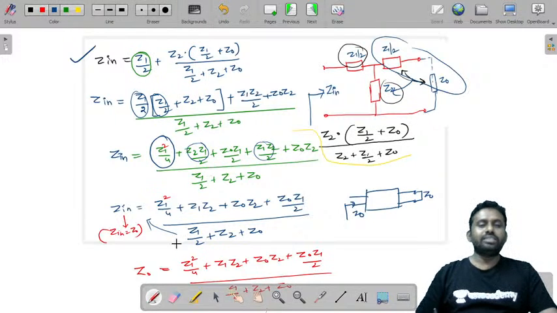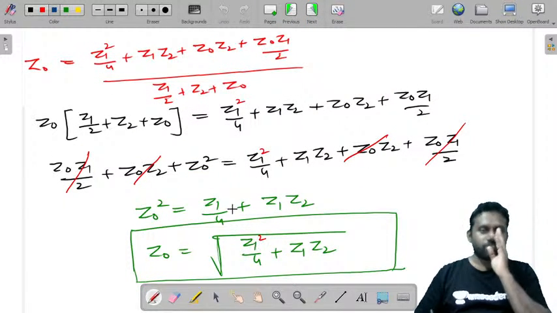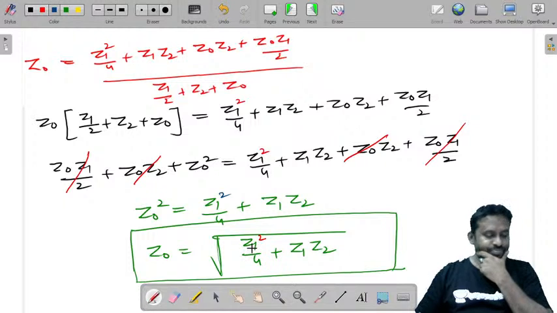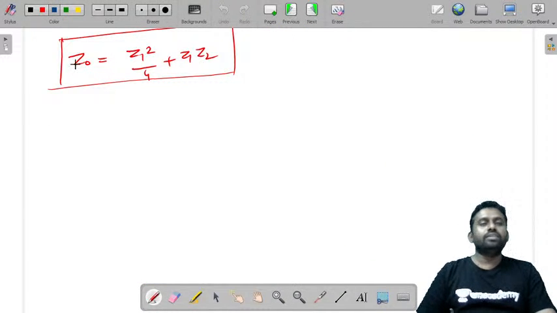The rest of the things, if you simplify, and you know Zin is equal to Z0 for it to be a characteristic impedance, so we replaced it, cross multiplied, and then we got Z0 is equal to root over Z1 square by 4 plus Z1 Z2. Clear?